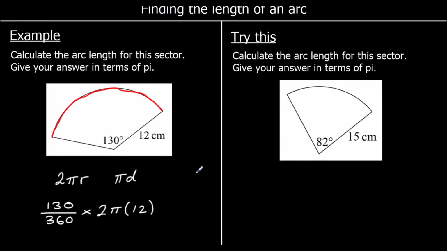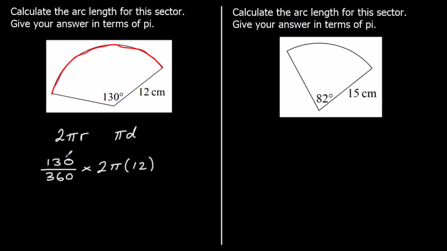If you use pi times diameter, you get the same answer. So you can type this in the calculator, or if we didn't have a calculator, we could simplify this. So if we divide top and bottom by 10 on our fraction, that's 13/36. 2 12s are 24.